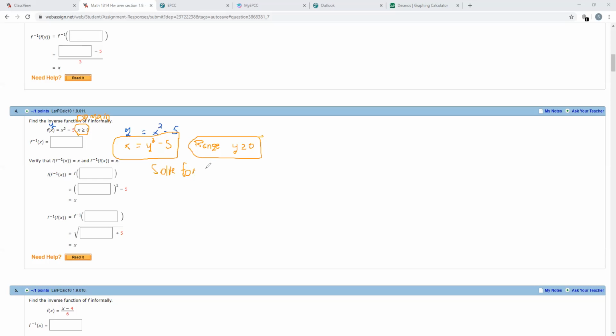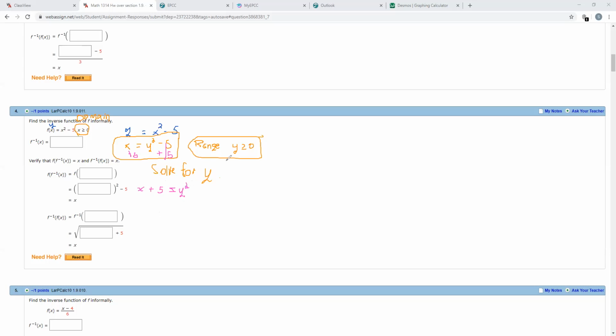Solve for the new y. And let's just do that quickly. To get rid of a subtraction of 5, we add 5. So we have x plus 5 equals y squared.